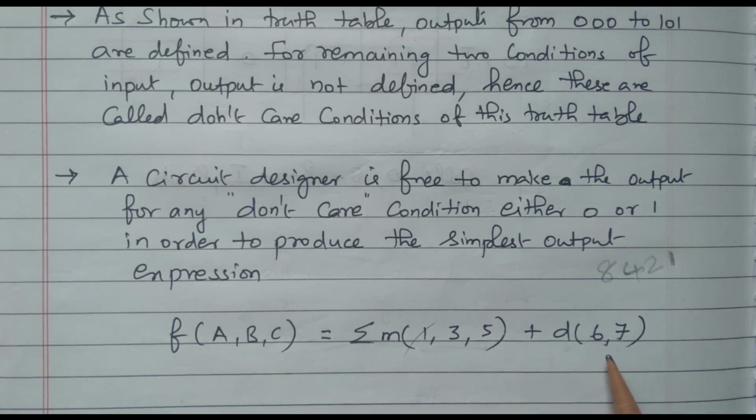But it is not necessary to group all the don't care conditions. If possible, we can group them with the ones; otherwise we can leave them. The don't care condition is useful while grouping the cells.